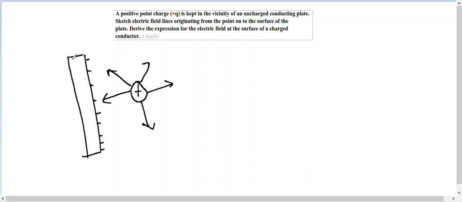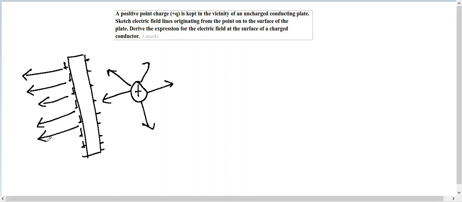It is going to be inside the plate, of course, and when this is going to be negatively charged, the other end is going to be positively charged. And then the electric field lines are going to emerge out of this plate like this. So this is the arrangement of the electric field lines around this plate.